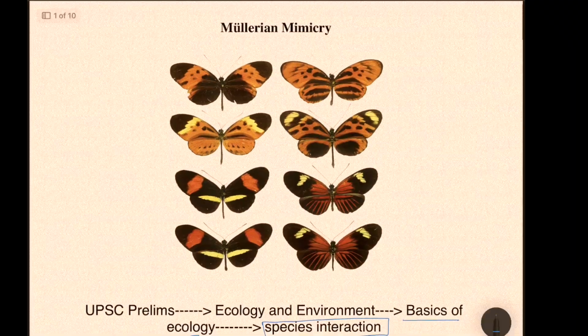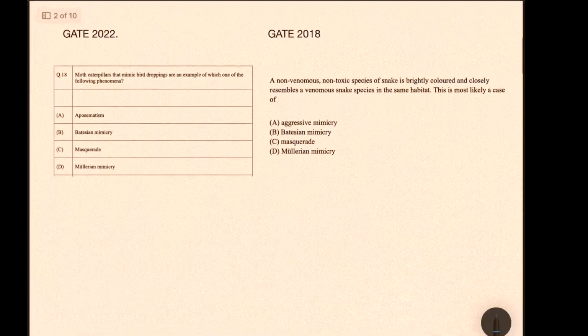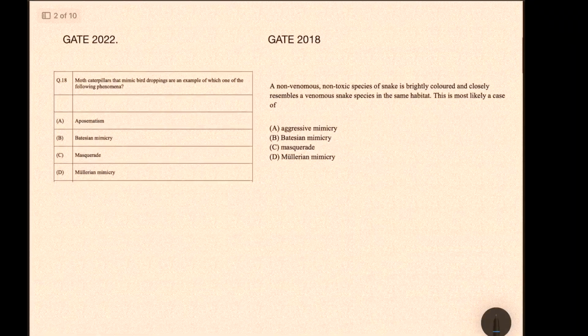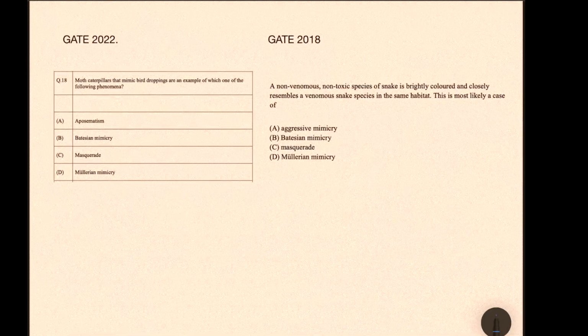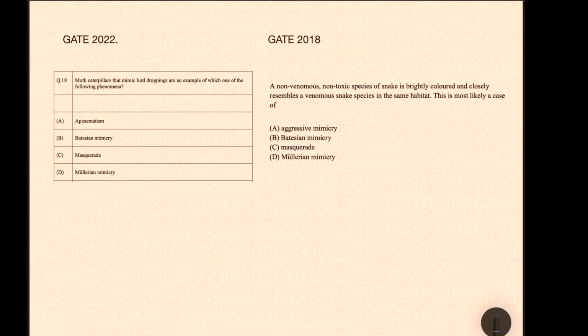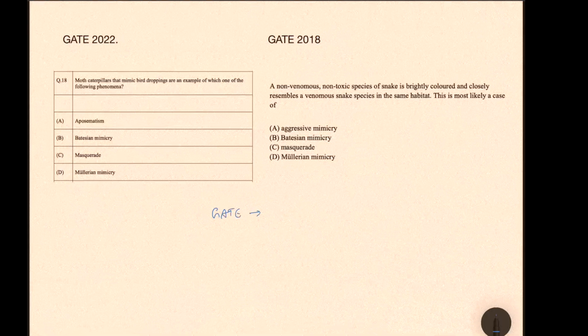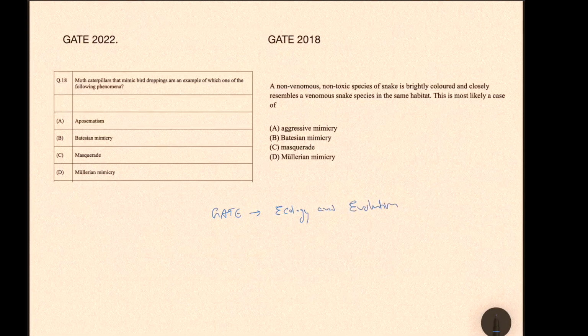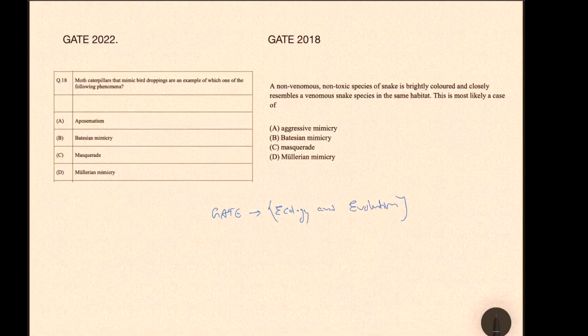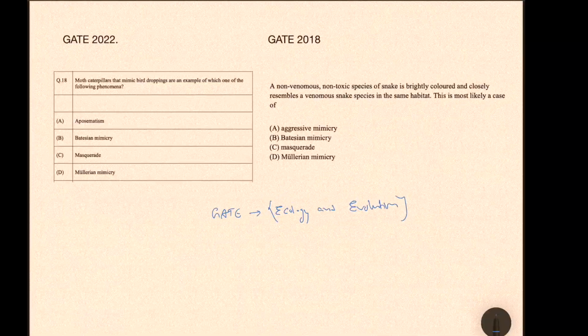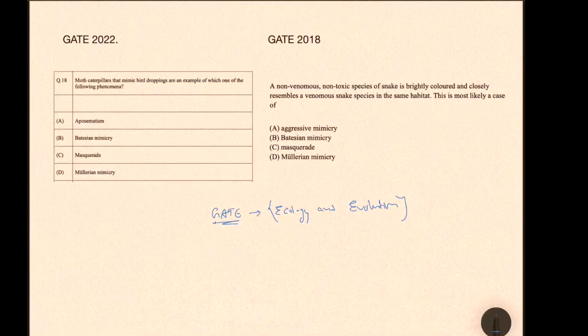Coming to its relevance, while this topic was not asked in UPSC Prelims, it was asked several times in the GATE exam, the paper called Ecology and Evolution. I have seen many conceptual questions from this GATE paper coming in UPSC Prelims.